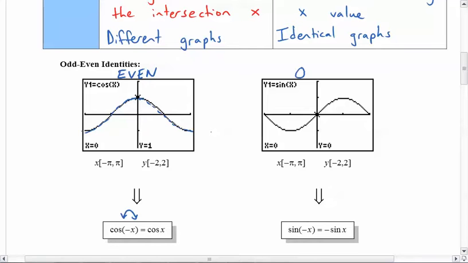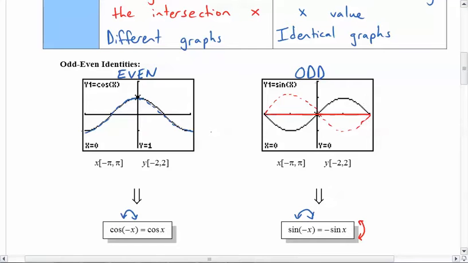An odd function is if you reflect the graph in the y-axis, doing a horizontal reflection. This is the same as reflecting the graph in the x-axis, doing a vertical reflection. So if I reflected this graph using my x-axis as a mirror, then I get this shape.